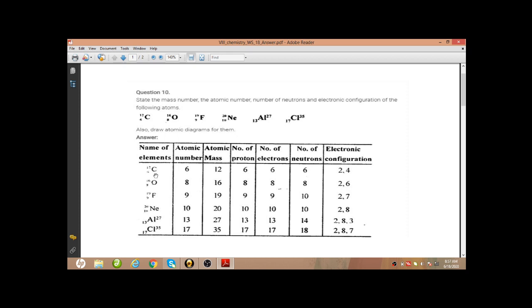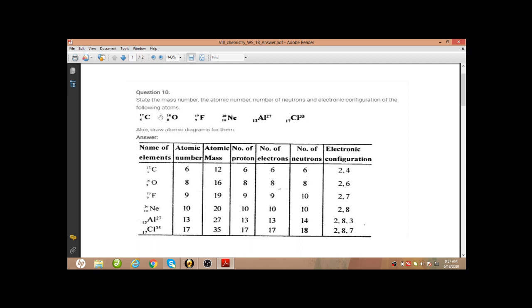See, carbon 12, 6. Maybe in this you are not getting it properly, but here it's clear. The mass number, it's not mandatory to remember, but it's better if you remember it at least for the atoms which we use generally, which repeatedly come up in our study, which we use frequently.